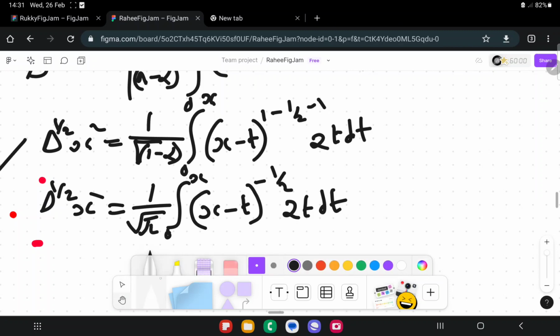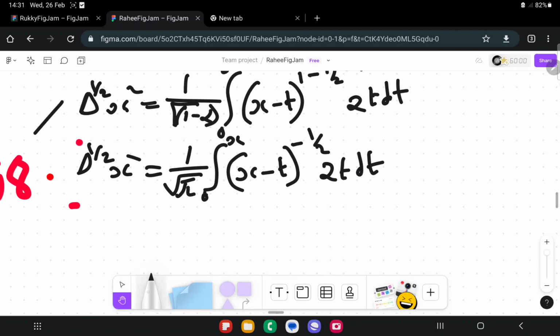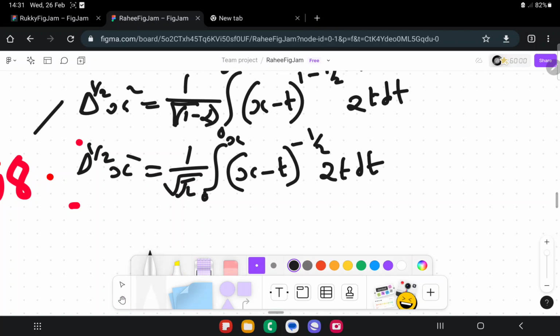Now we're going to change our variables in order to express it in terms of a single variable. So we have a change of variable.